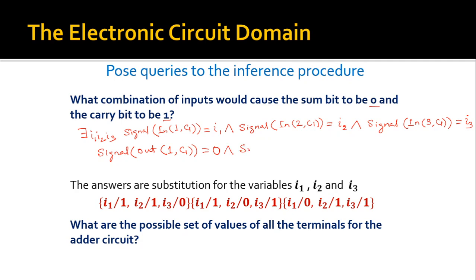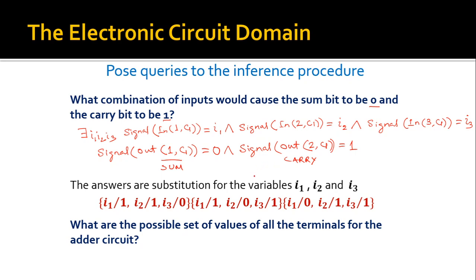And the signal at the second output terminal of C1 should be 1. So this is the sum bit, and this is the carry bit.